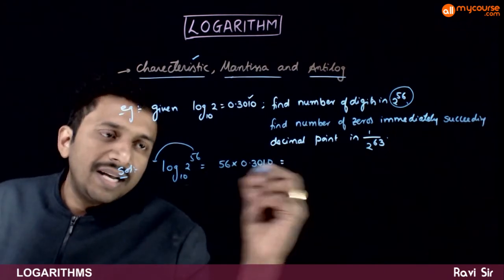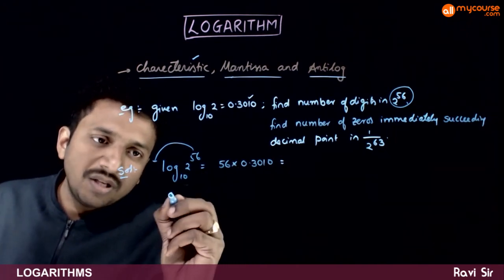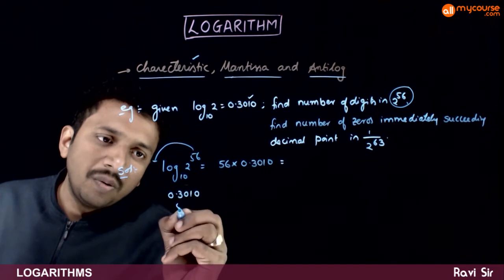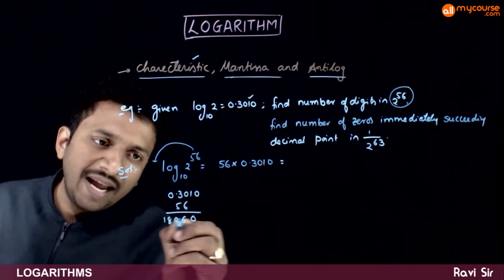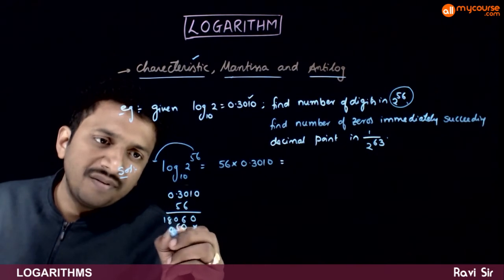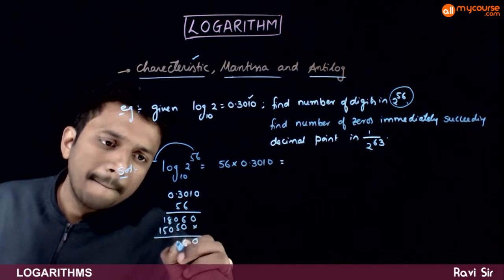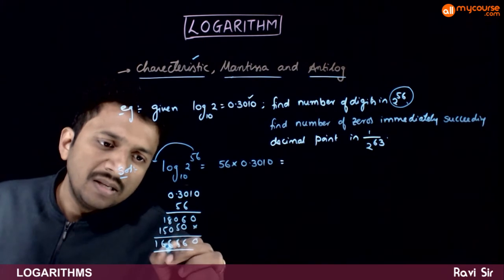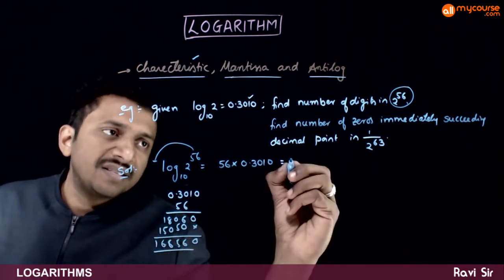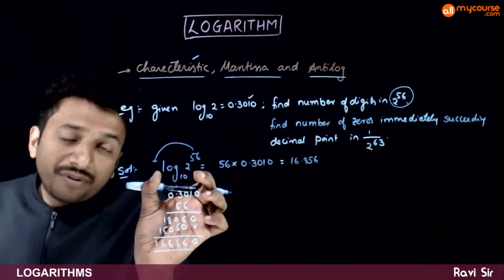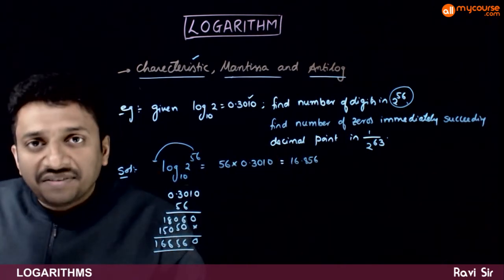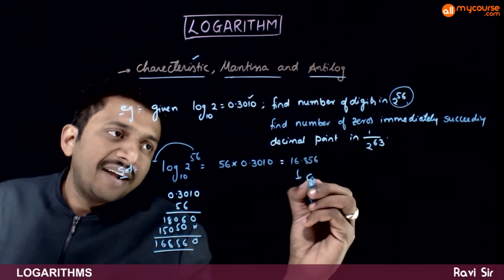So you just need to multiply these two, 0.3010 times 56. That gives 16.856. So the value of this logarithm is 16.856. What is the characteristic of this?